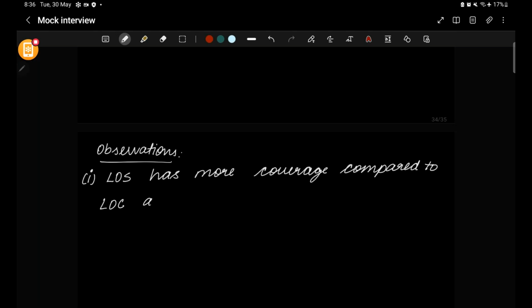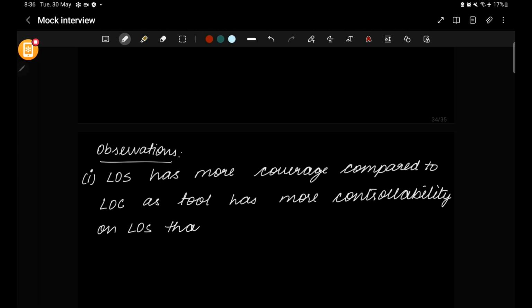Why? Because the tool has more controllability on LOS than LOC.